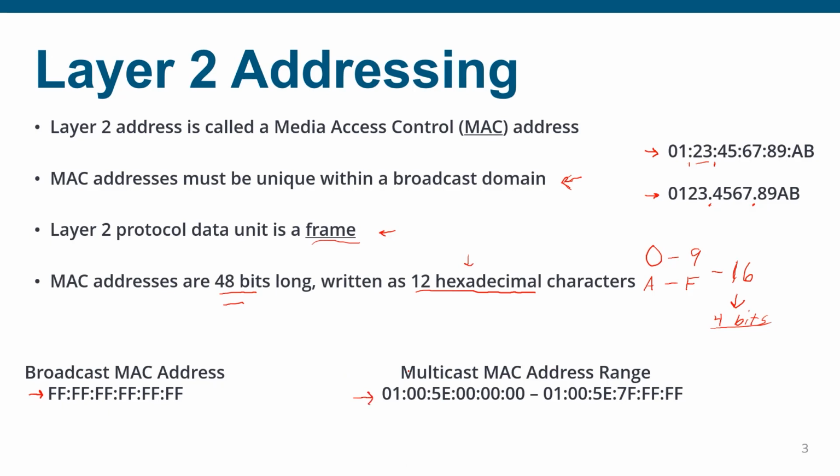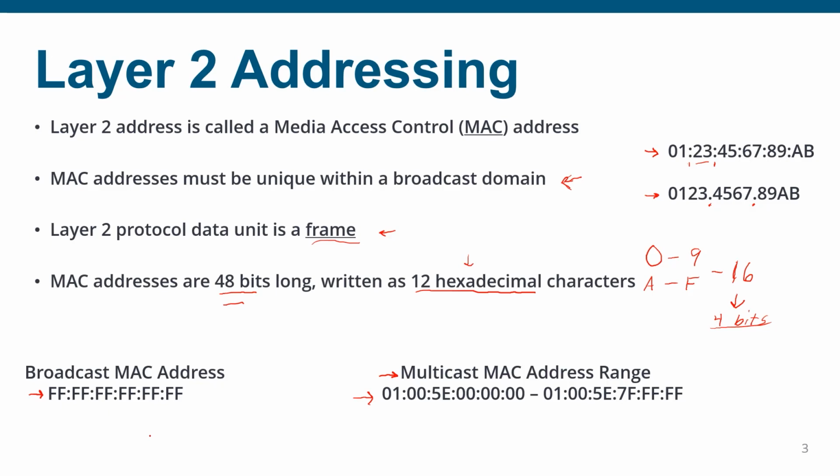You probably don't need to be familiar with the multicast MAC address range for the exam. However, you should certainly know that multicast MAC addresses do exist. And it is very important to know, not only for the exam, but also for your day-to-day work, what the broadcast MAC address is.